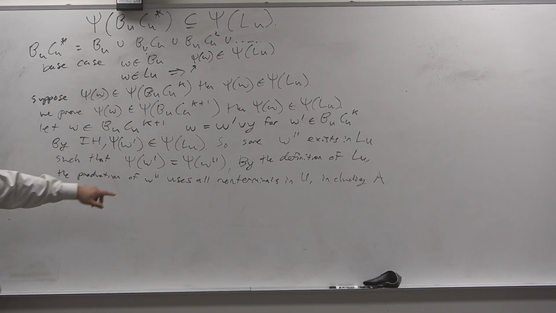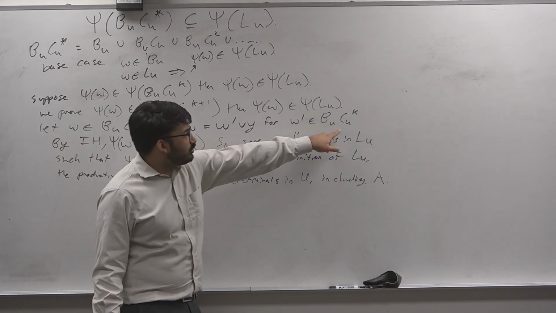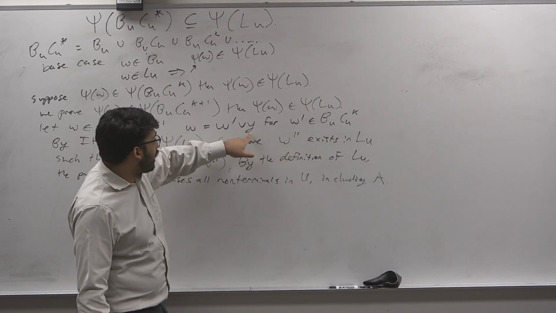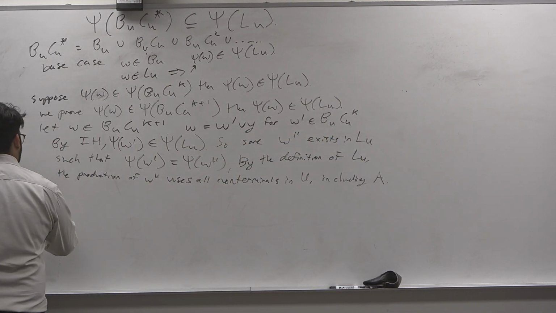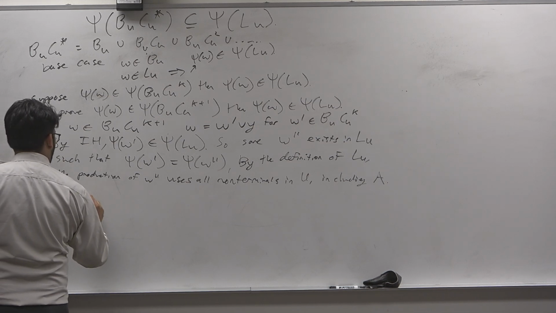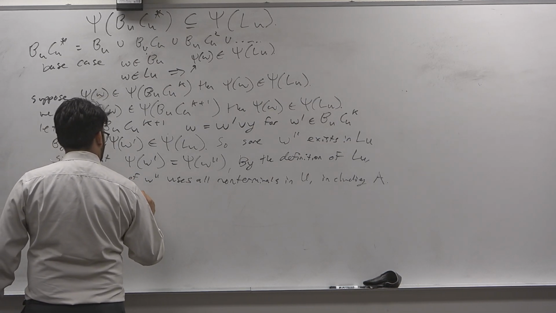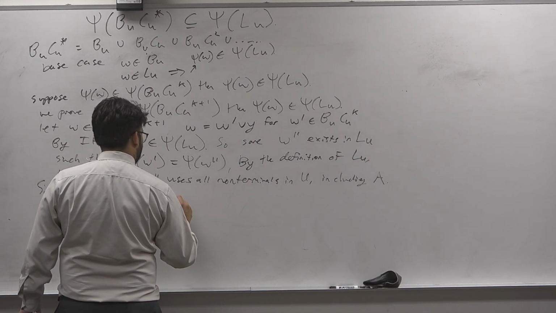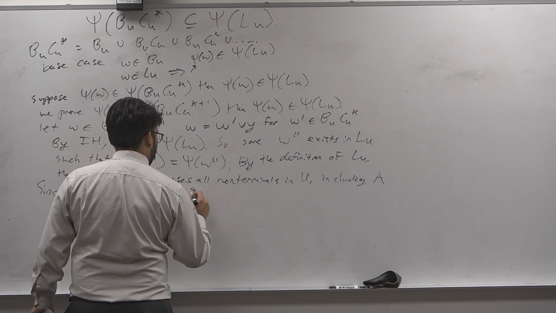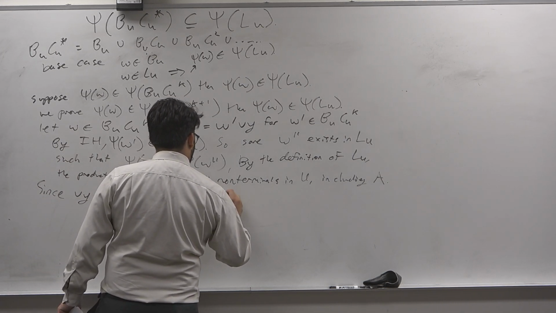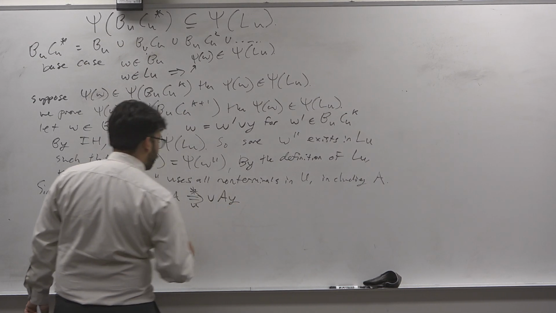If Vy is in CU, since Vy is in CU, then there exists some A such that A produces VAy, and this also only uses the non-terminals in U, right?